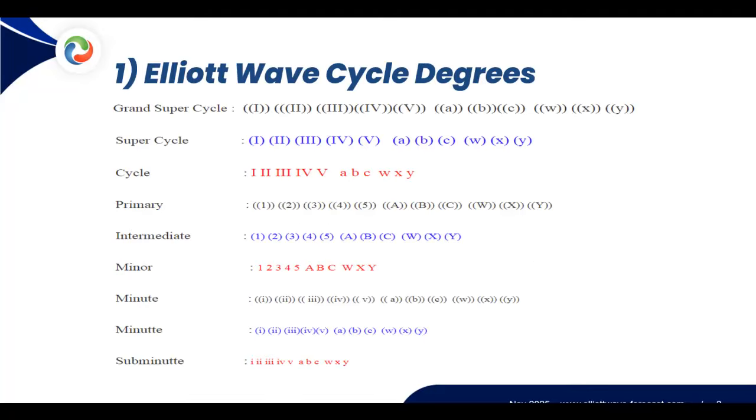The first topic is the cycle degrees. Like everything, you look into your life and you are a newborn, a kid, a child, a teenager, a young adult, a middle adult, then you are a senior of advanced age. Those are cycles of your life.